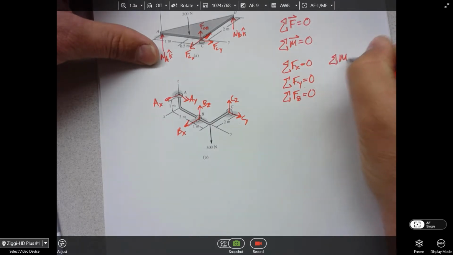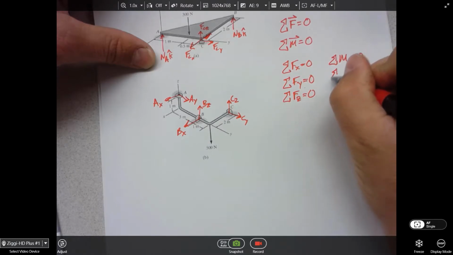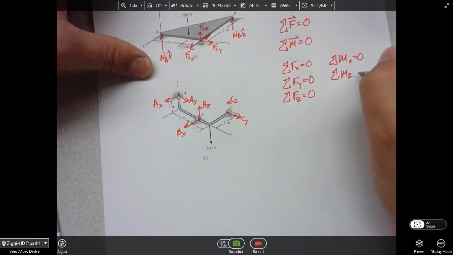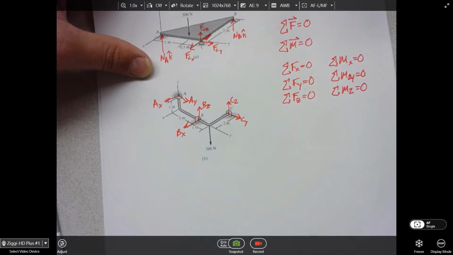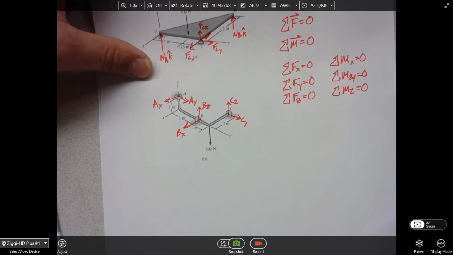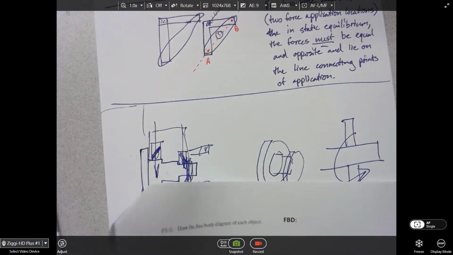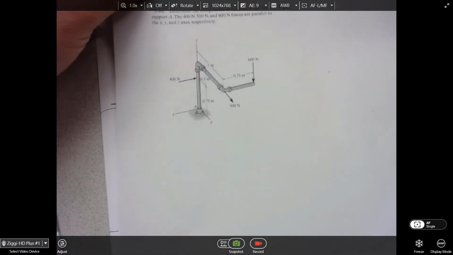The sum of the moments about the x-axis has to be equal to 0, the sum of the moments about the y-axis has to be 0, and the sum of the moments about the z-axis also has to be 0. How many equations is that? Looks like 6. So I can now solve for 6 unknowns. Okay? So let's flip back a page and try one of these.